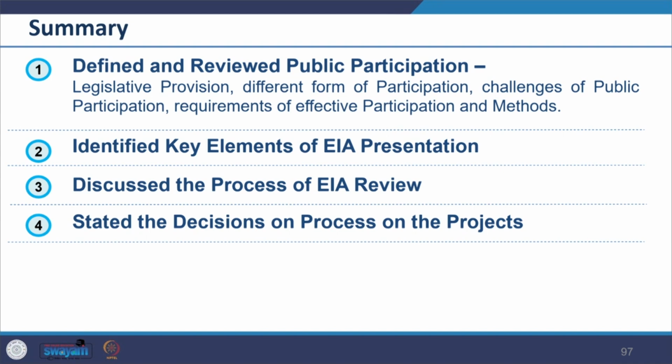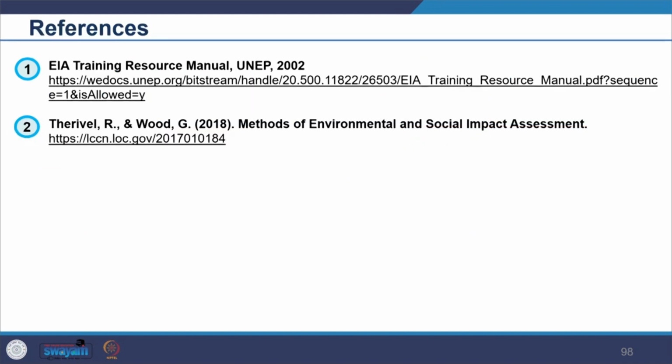And then we looked at the key elements of EIA presentation, what one needs to take care of, and the EIA review process from the Indian context, and we also saw the decision process on the project. So that was the coverage for today, and this was the key reference.